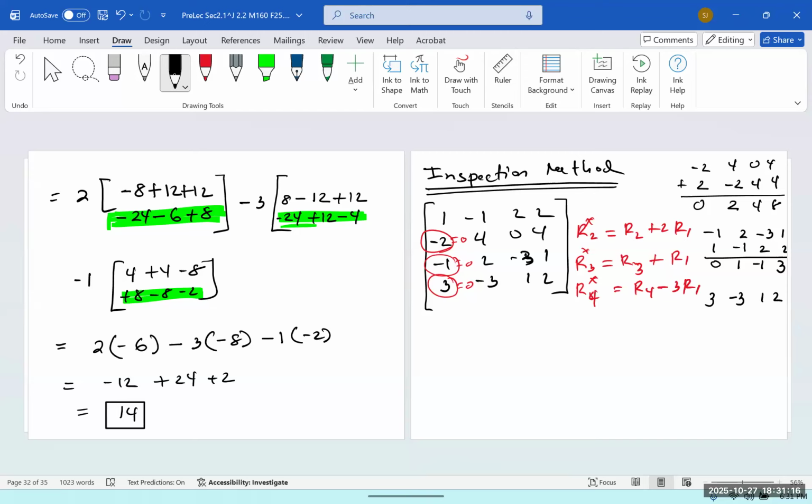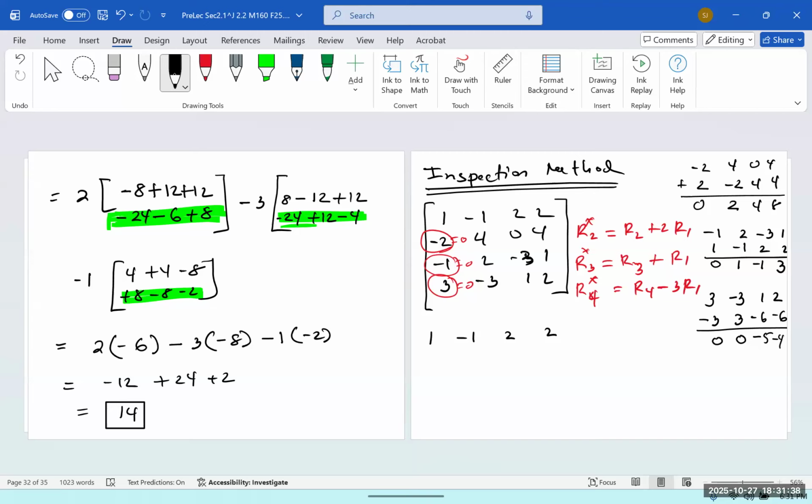And 3 times row 1 is negative 3, positive 3, negative 6, negative 6. So we get 0, 0, negative 5, negative 4, right? So 1, negative 1, 2, 2.